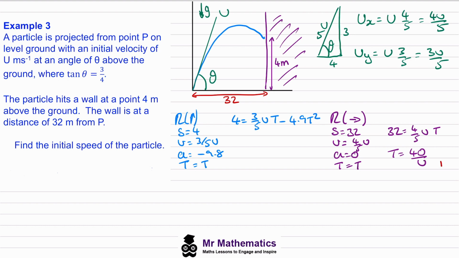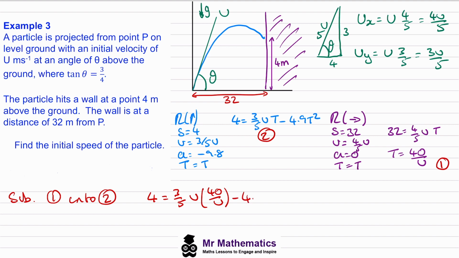So if we call this equation 1 and equation 2, then we substitute 1 into 2, we'll get 4 is equal to 3/5 of u times t minus 4.9 t squared, so 40 over u all squared.